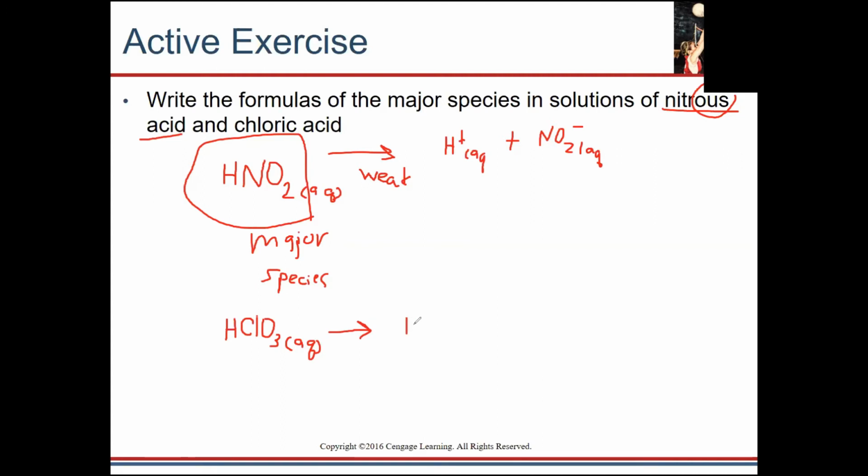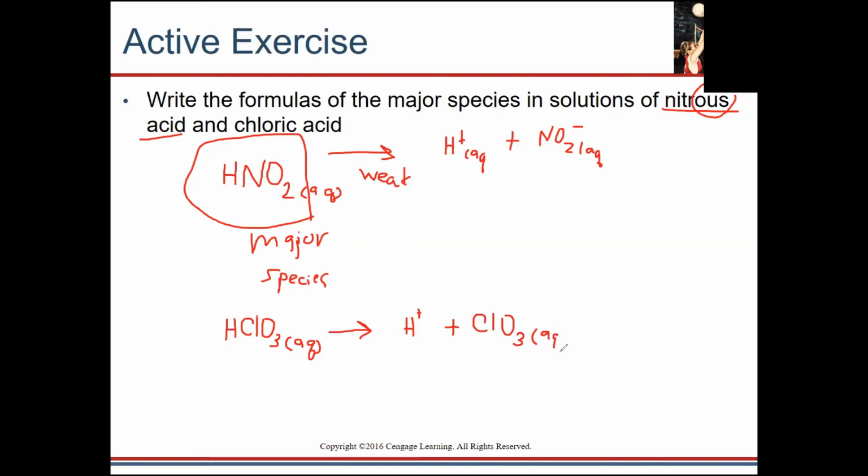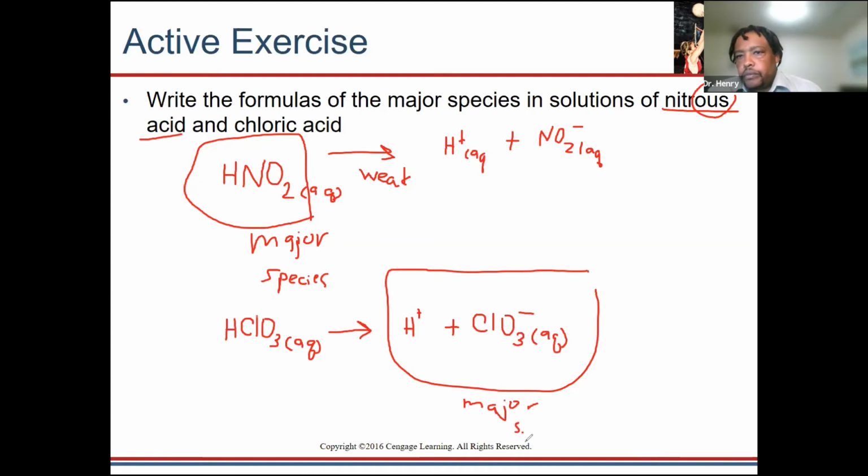H plus and ClO3 minus. Okay, so what is going to be the major species? It's going to be the ions. Okay? Simple? Yeah.